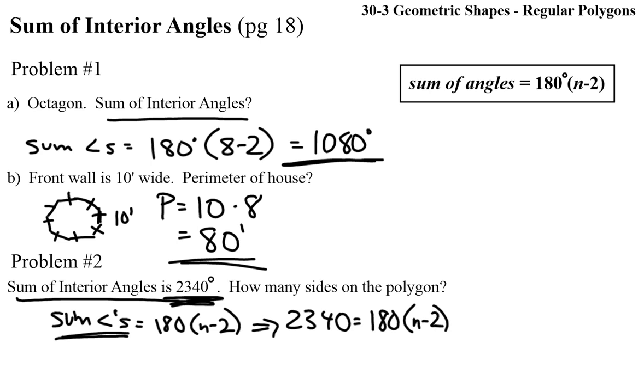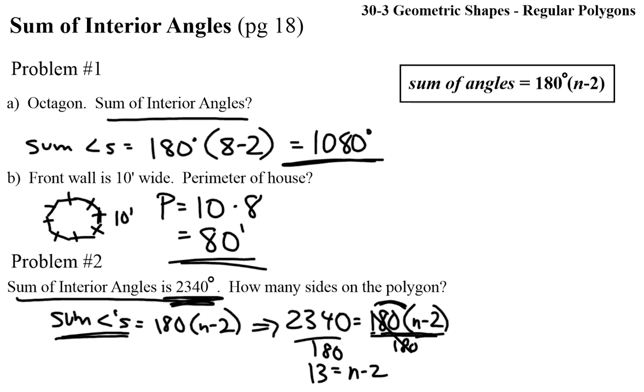We need to figure out what n is. I could first divide by 180. Because 180 is being multiplied, we divide by it on both sides, and we would be left with 13 equals n minus 2.